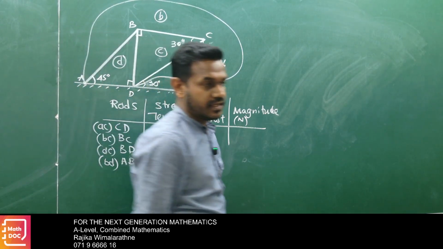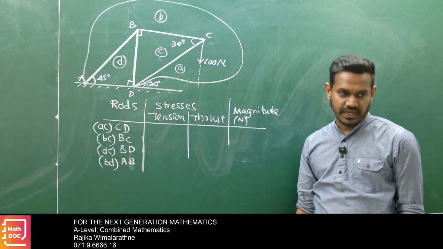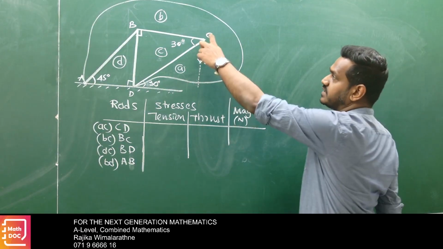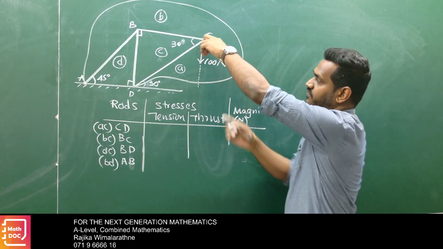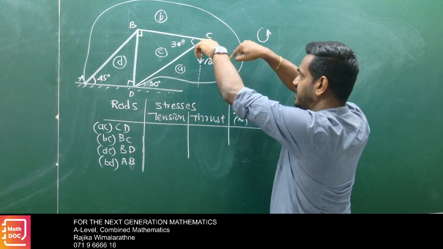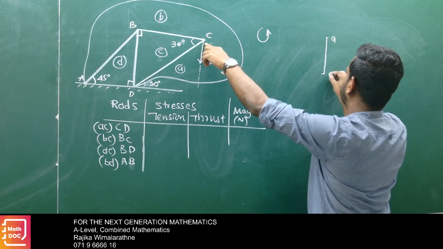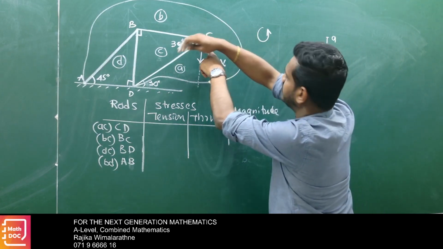Okay. Now I told you to select a vertex with two unknowns. No? Then you select C. Better to put your finger here, and first you cross it, take one sense. AB 100 down, sketch it here, AB. BC horizontal.